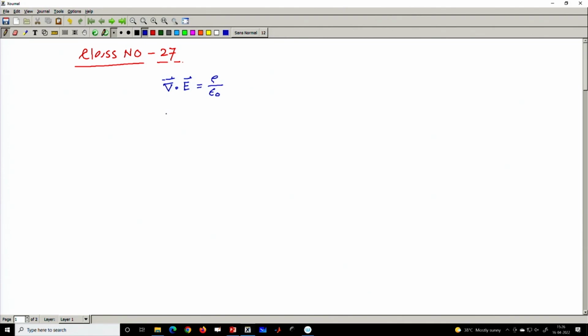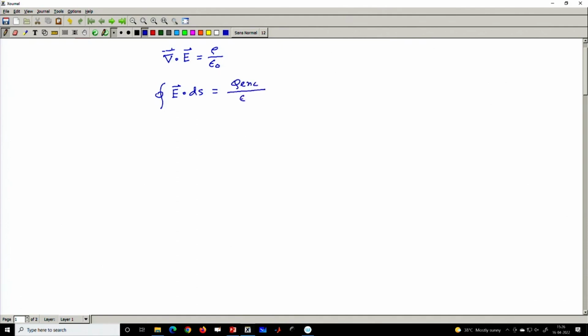And if I want to find out the integral form, then it should be the closed integral of E dot ds equal to q enclosed divided by epsilon 0. This is the differential form and this is the integral form of the Gauss's law.